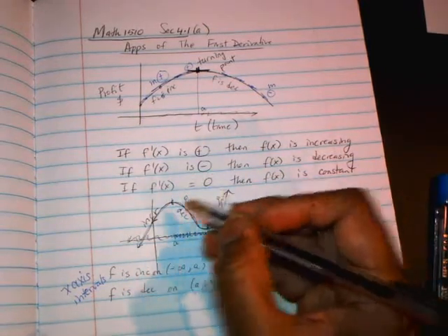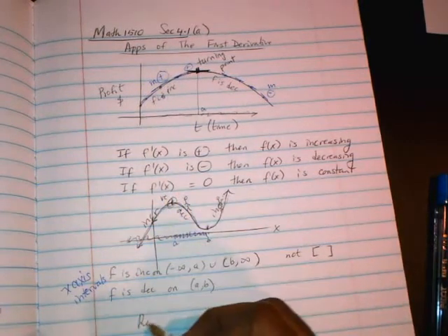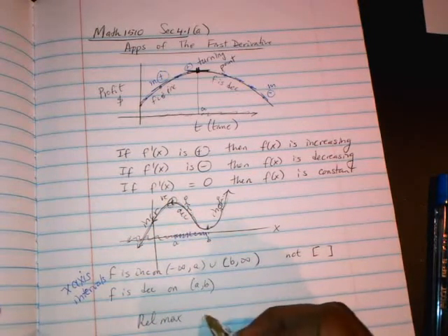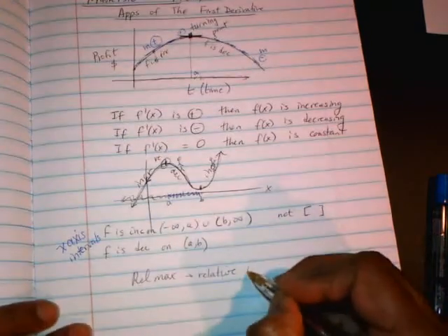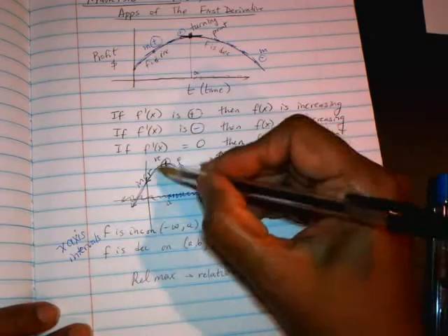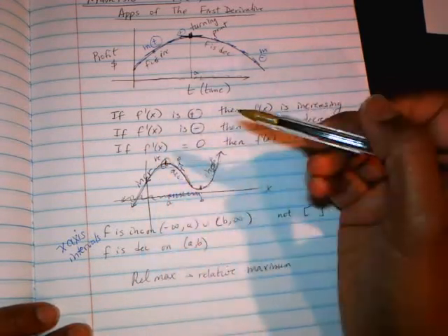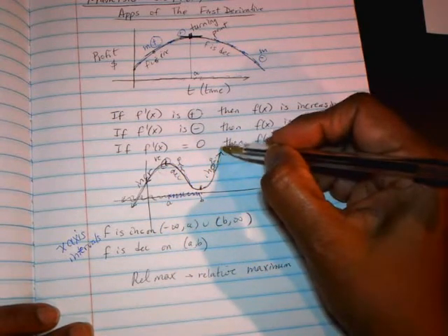Also notice that the function has a maximum there, a relative max, I'm abbreviating, it's a relative maximum. Because relatively speaking, in that neighborhood, it's the high point. It isn't the highest point, it's not the absolute max, because this function keeps growing.